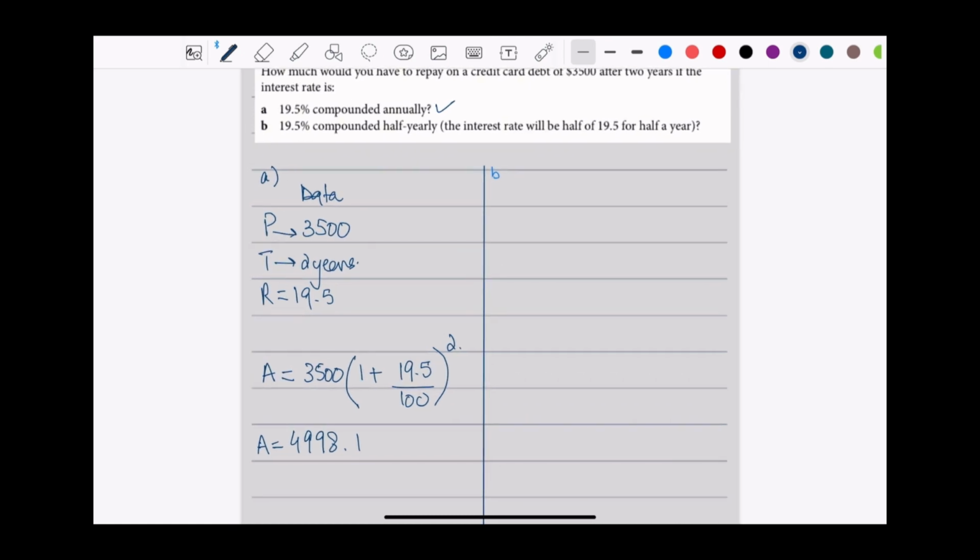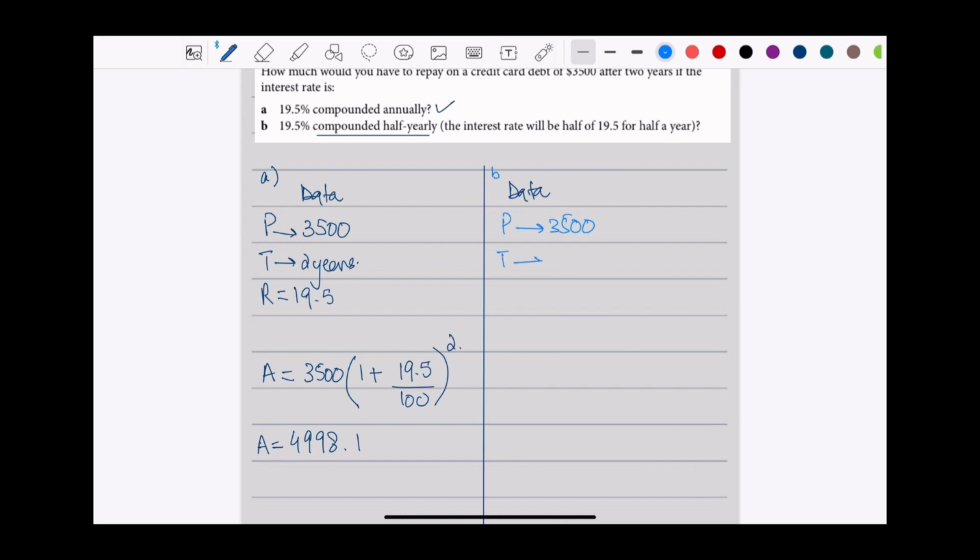Now for part B, compounded half yearly. Now I told you that our rate and year have to be the same. So let's make the data first. The principal is the same, which was the debt.